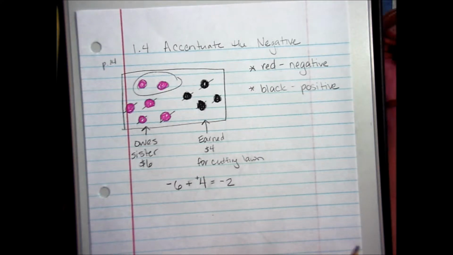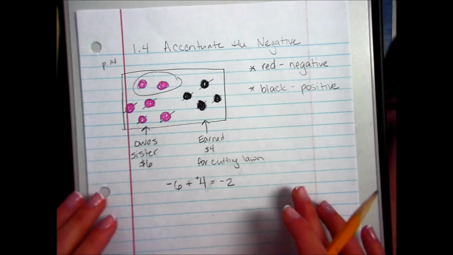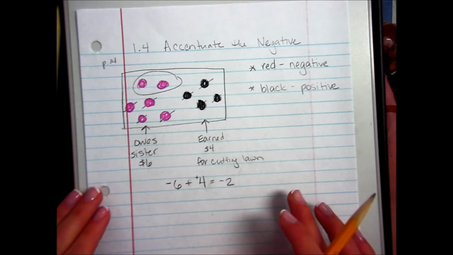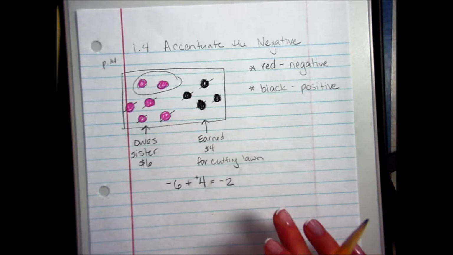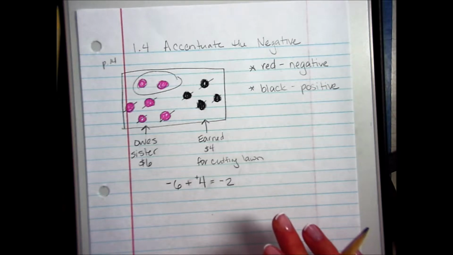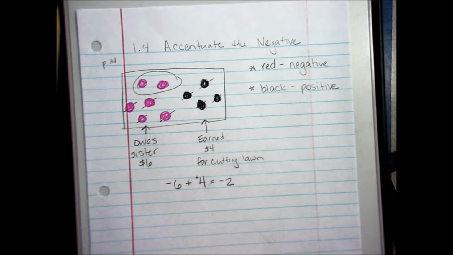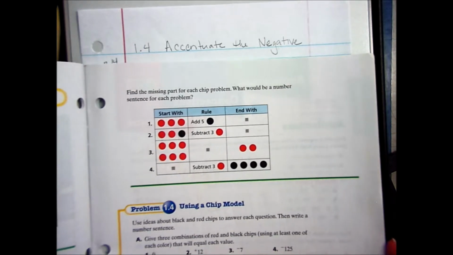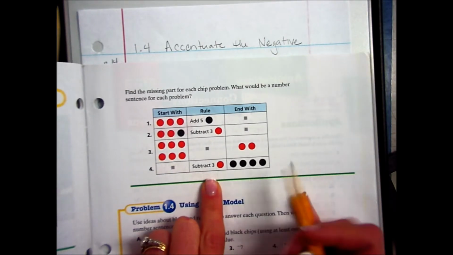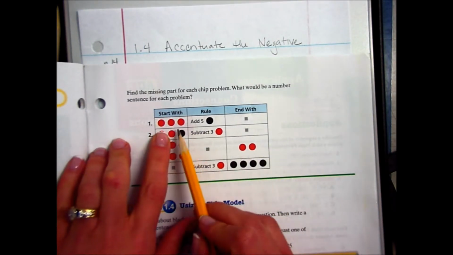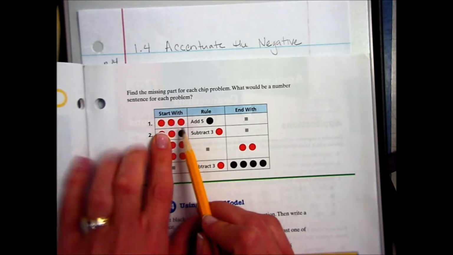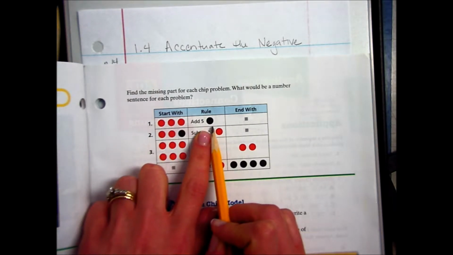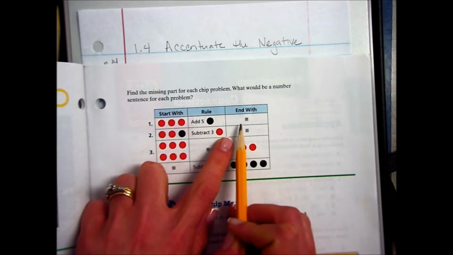Okay, so then there's a practice on page 15. It says, find the missing part for each chip problem. And what would be a number sentence for each problem? So this is what we're taking a look at in your textbook. If we start with 3 red and we add 5 black, what will we end with?